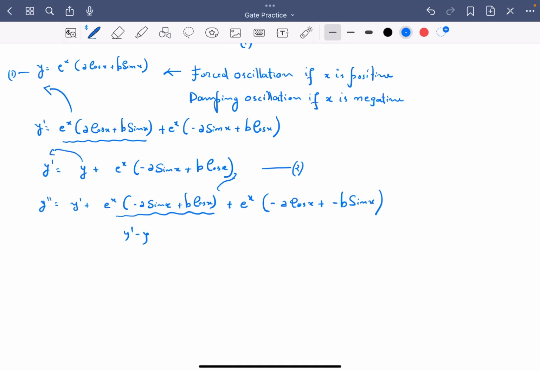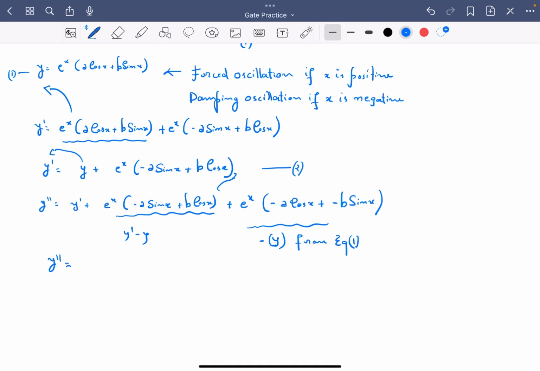Take y this side, y double dash, and this is equal to y dash from equation 1 minus y.